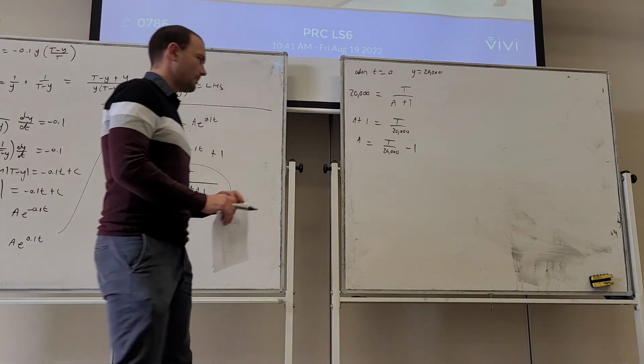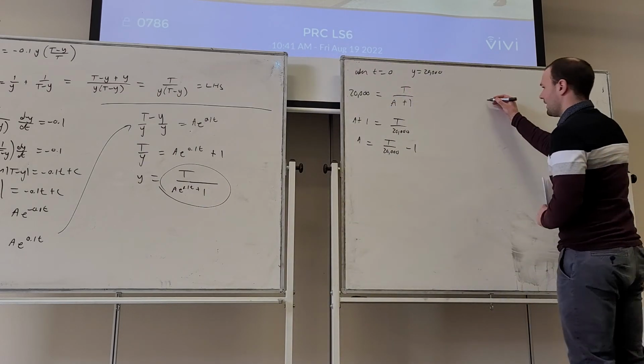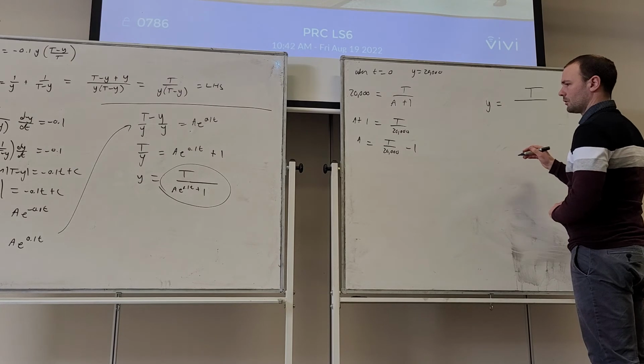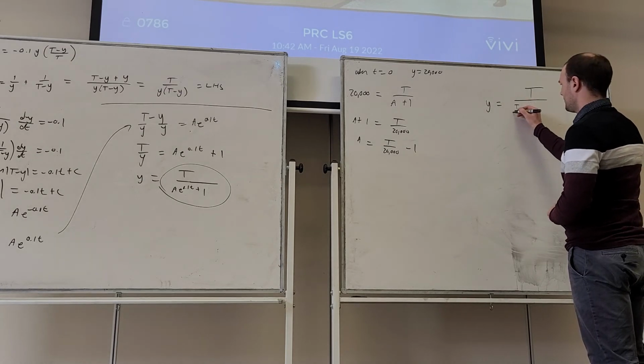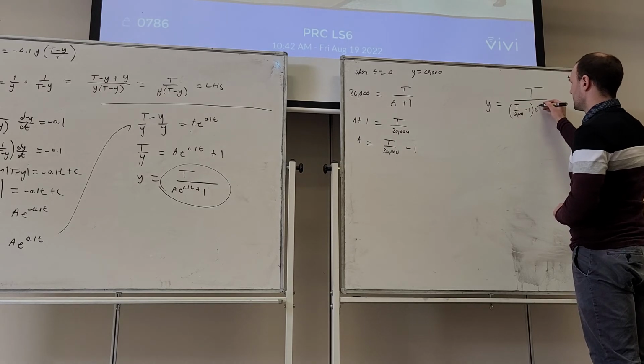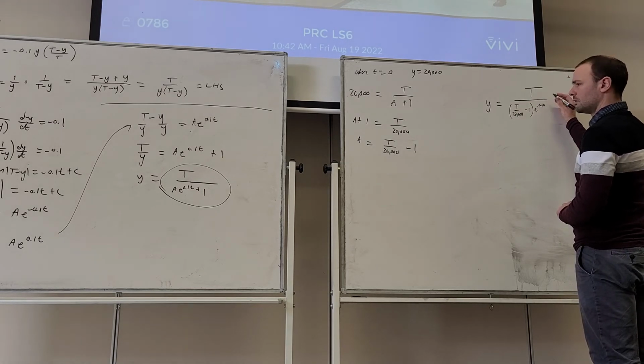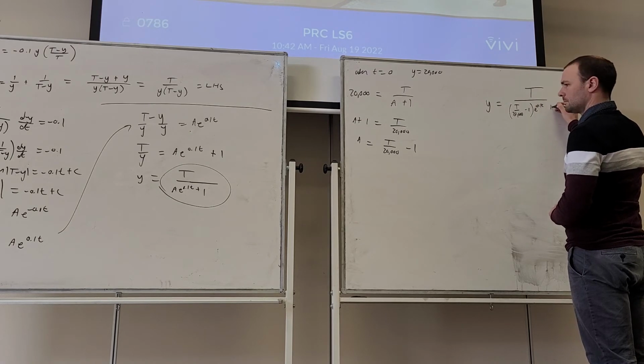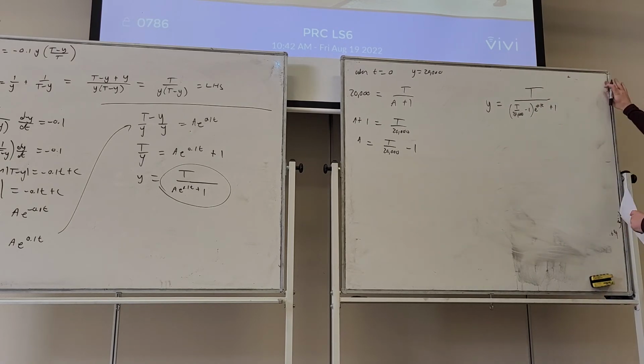Alright, so if I perform that substitution, we're going to have Y equals T on top of, here's the A value, positive 0.12. Alright, so we've substituted the A value there, and we're reasonably close.